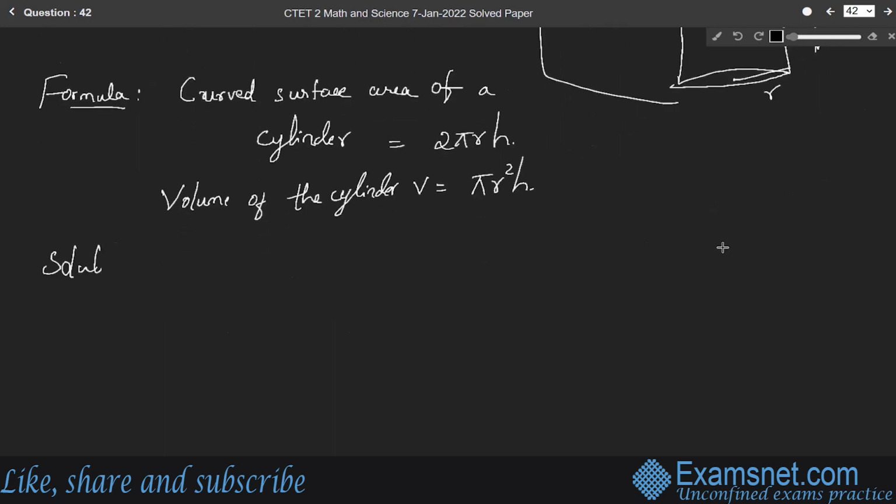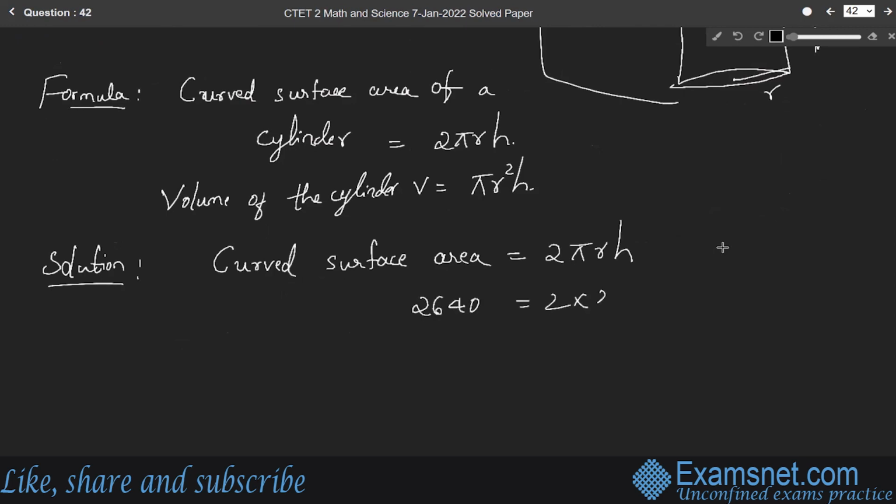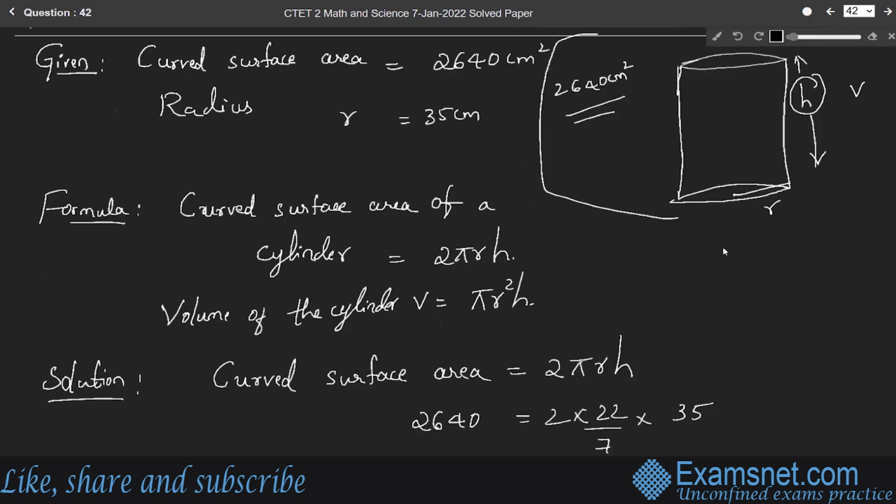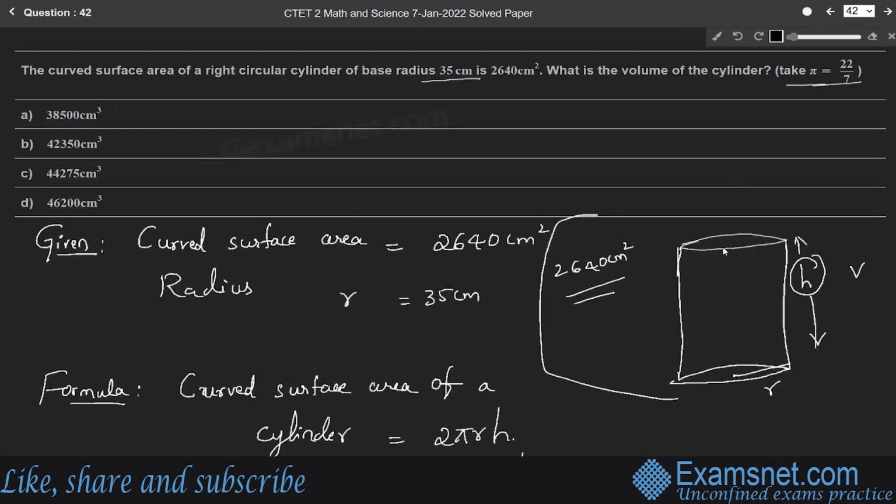Solution. Here, curved surface area is equal to 2 pi r into H. What is curved surface area given? So 2640 is equal to 2 into 22 by 7 into R is 35 centimeter, right?